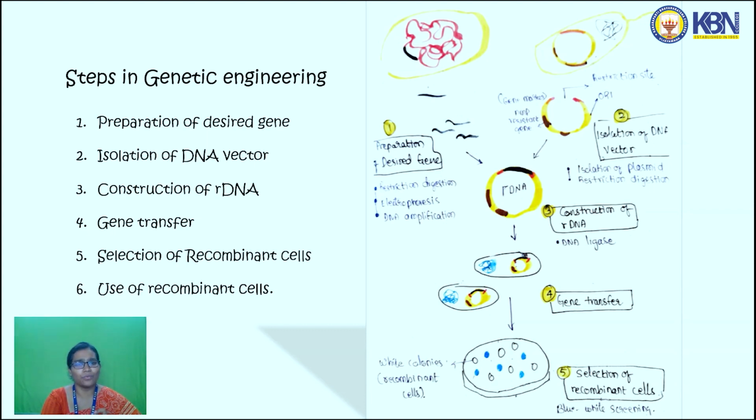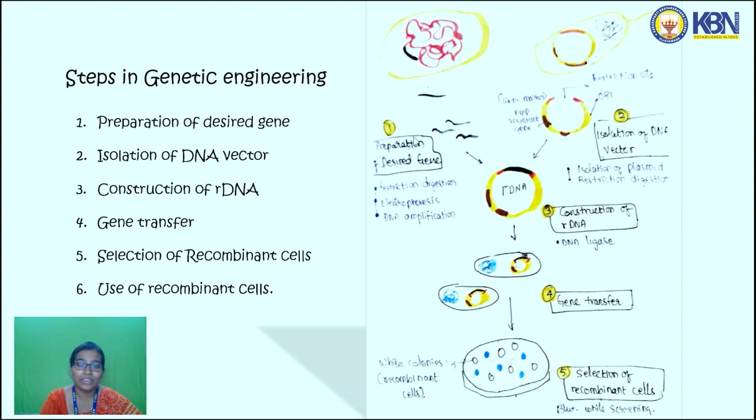As we have only one copy of the desired DNA, we will multiply that into several copies. Which technique do we use for this? It is DNA amplification, PCR. After PCR, or DNA amplification, we get a number of copies of DNA of desired origin.